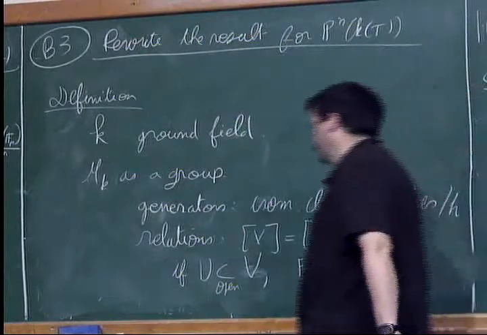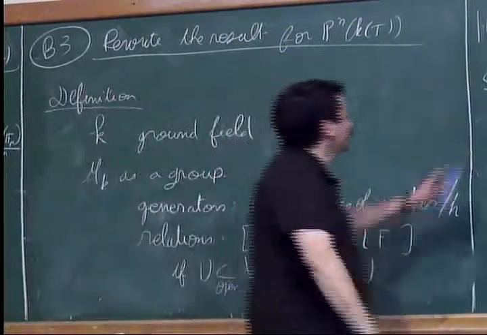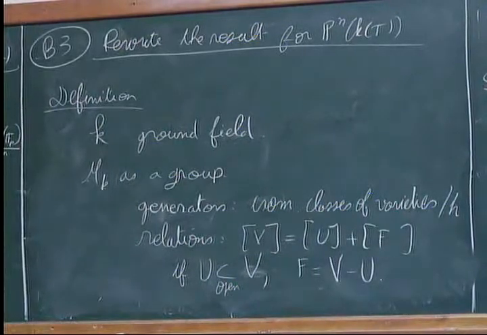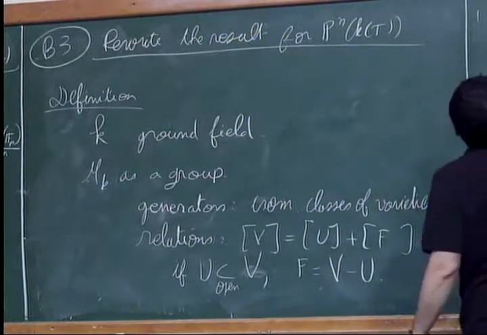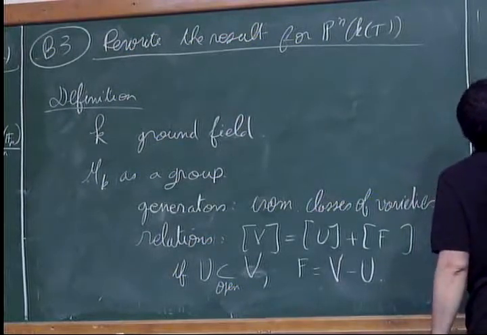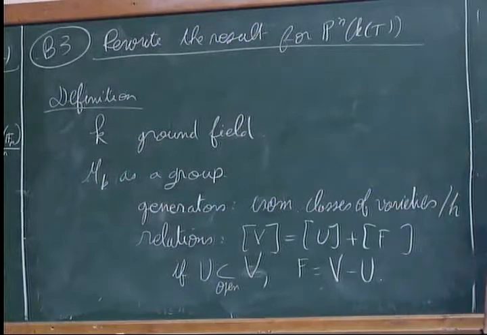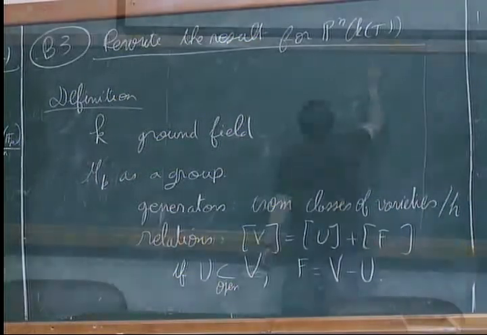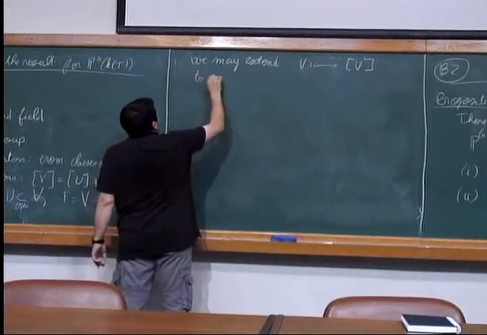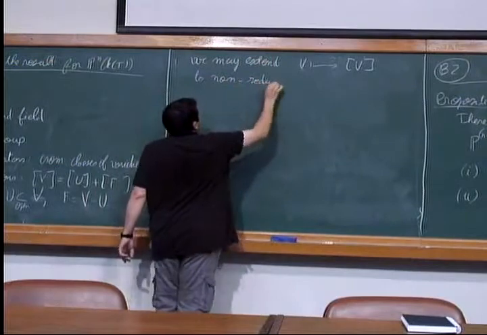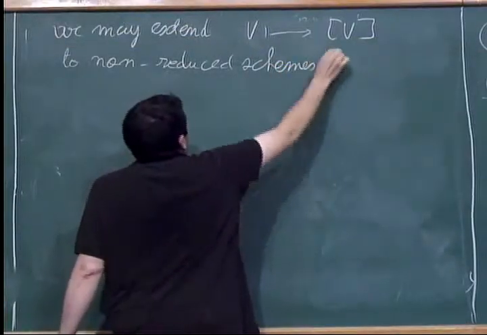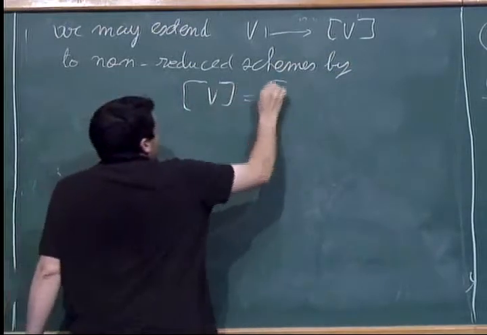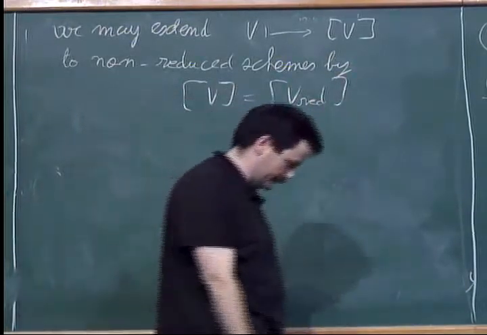And in fact, one can extend the map which sends a variety to its class in this ring to schemes of finite type, so to non-reduced schemes, by taking the class of V to be the class of the corresponding reduced scheme.